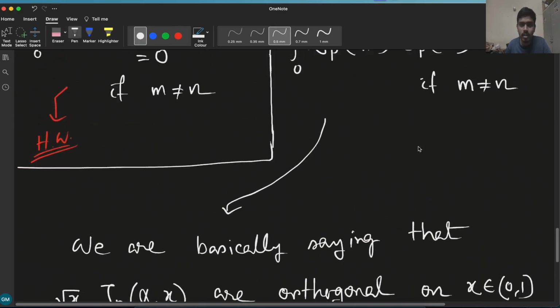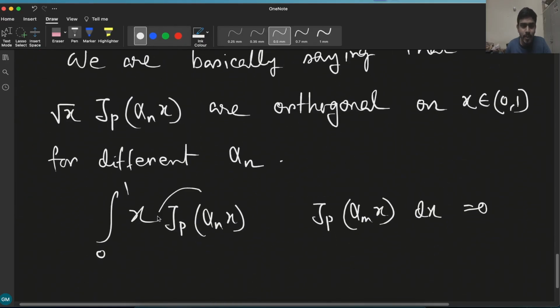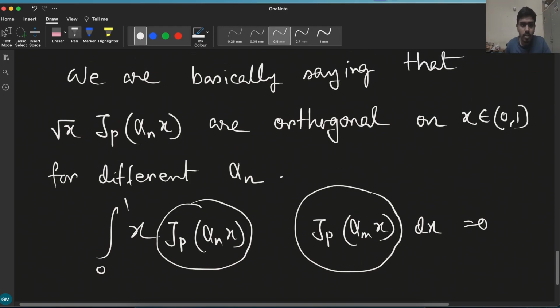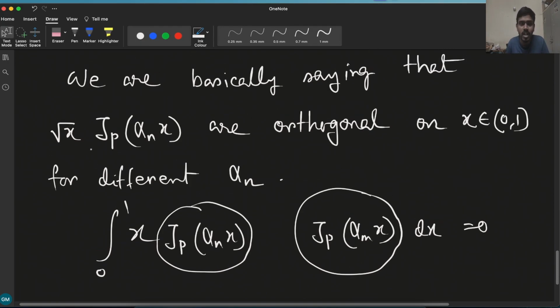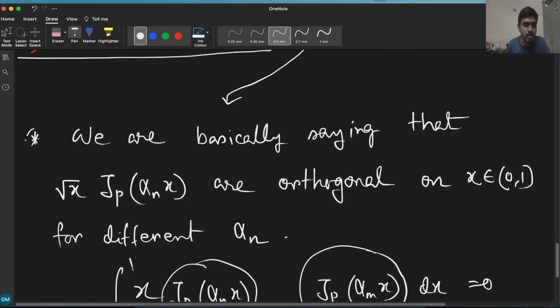This is what I wrote here. So these Jp(alpha n x) are not directly orthogonal. Root under x times Jp(alpha n x), these are actually orthogonal. This is one statement.